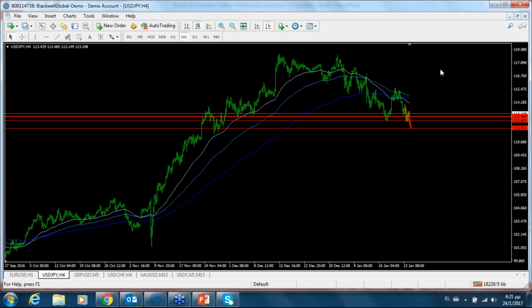Every day I'll be doing that, including Sunday, because Sunday it'll give you an idea of what sort of patterns have been spotted for the week ahead.